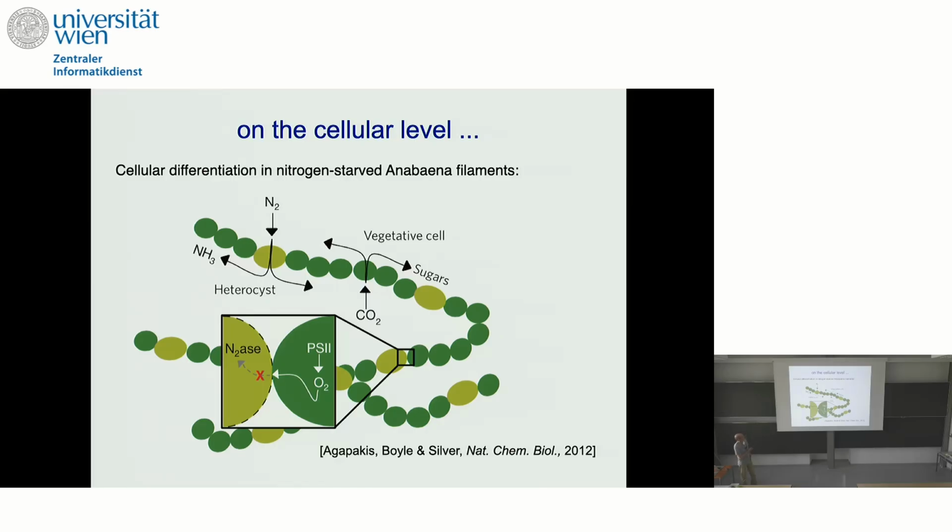This is an example here of a filamentous organism called Anabaena, where this, in principle, single-celled organism manages to differentiate two types of cells, the nitrogen-fixing cells and the carbon-fixing cells, and together they can do this feat of basically taking their nitrogen source out of the air and also their carbon source out of the air, and then they share the metabolic products of these.